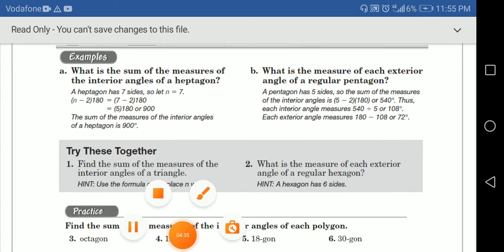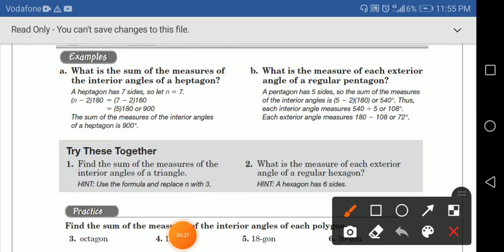So each interior angle measures what? For the sum of all the measures, we have 540. So guys, what's the measure of each angle? He gives you a very important piece of information: a regular pentagon.